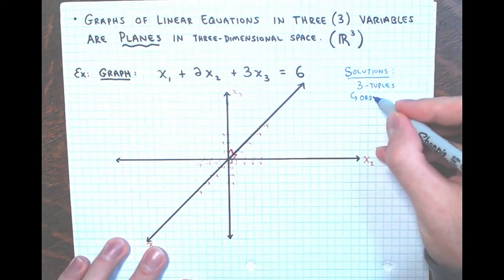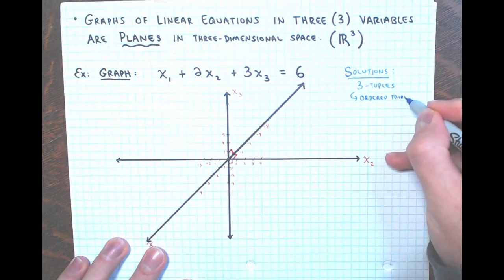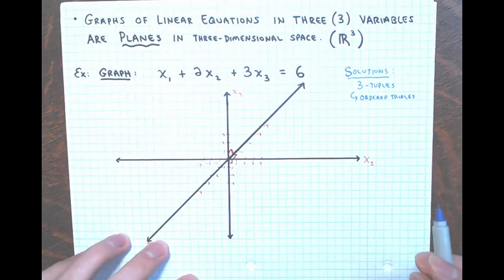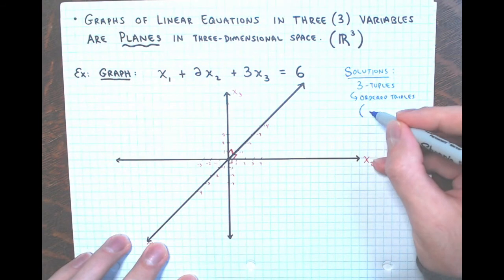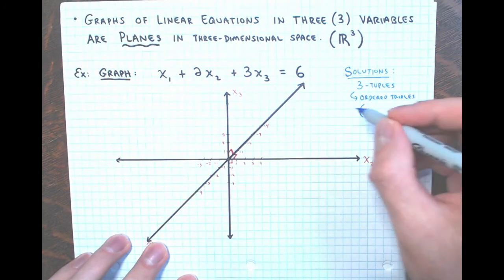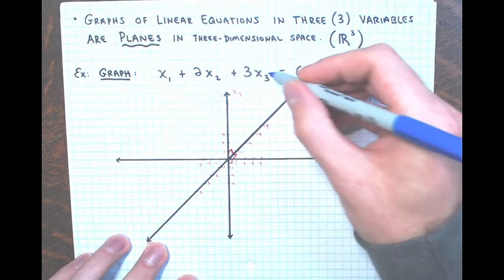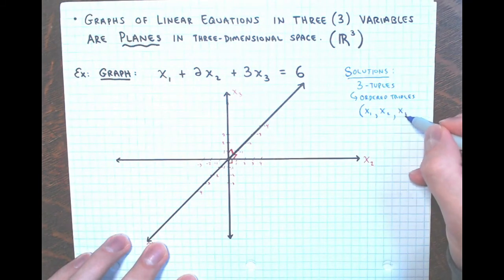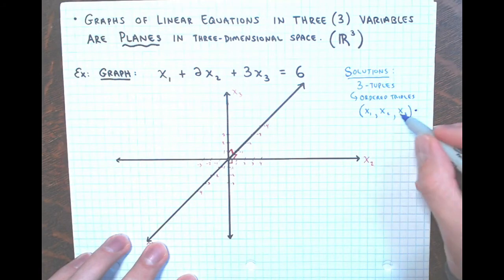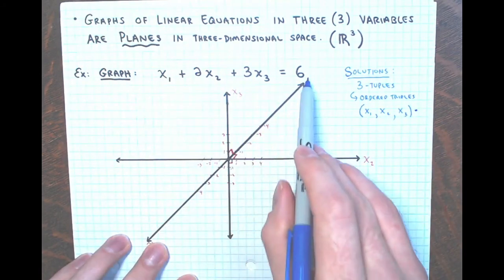Our solutions are ordered triples. And every single one of them is going to look like this: in parentheses, some value for x1, the first variable, comma, some value to replace x2, comma, some value to replace x3, and I want these so that they make this a true statement, so that we get 6 equals 6.